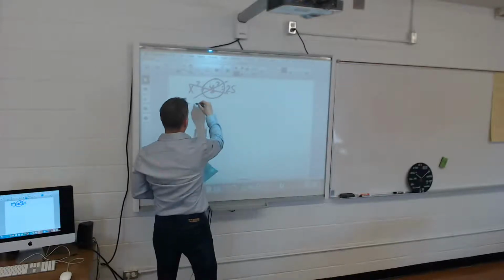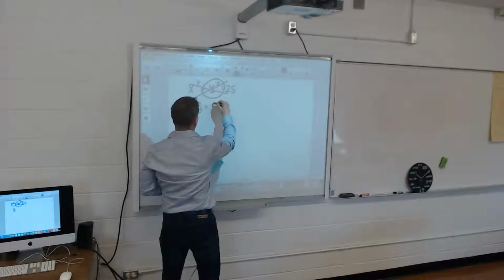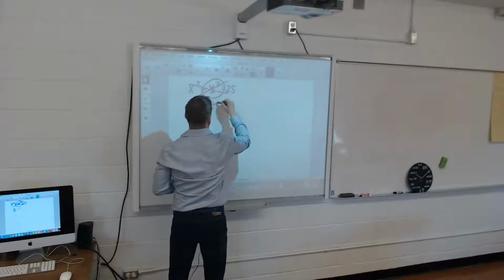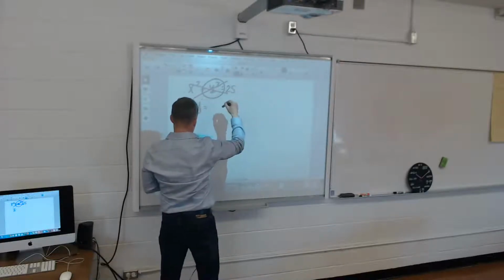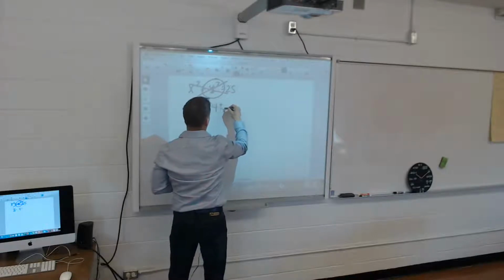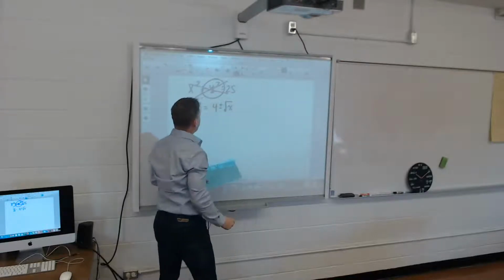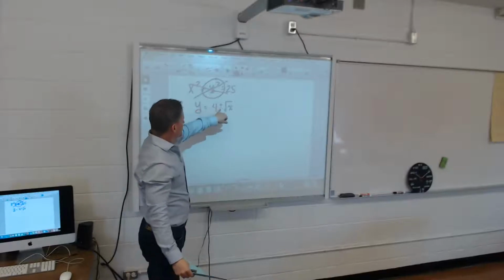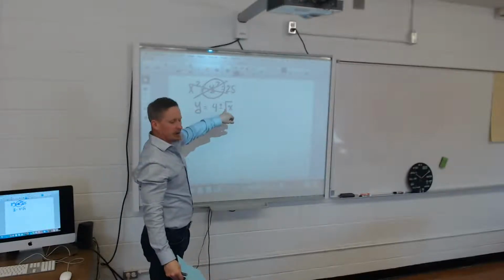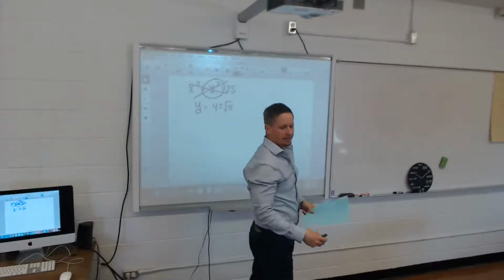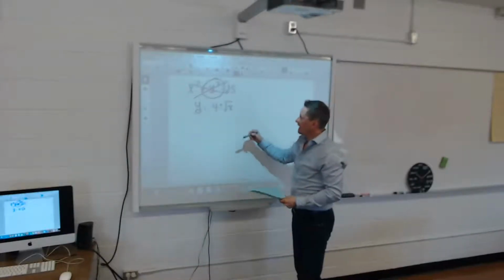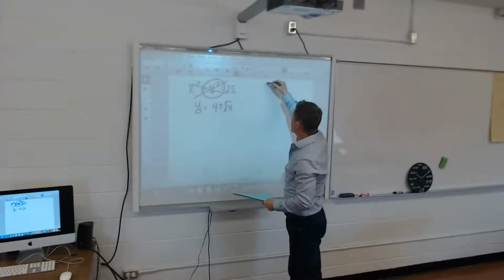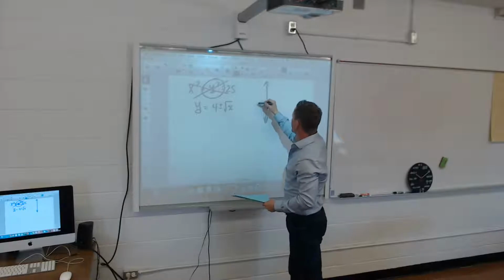The second one is y equals 4 plus minus root x. Well, the reason I get plus minus here is because I'm taking the square root of it. So again, because it's plus minus, that graph is going to look something like this.